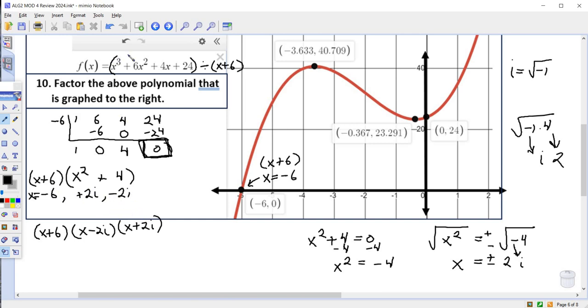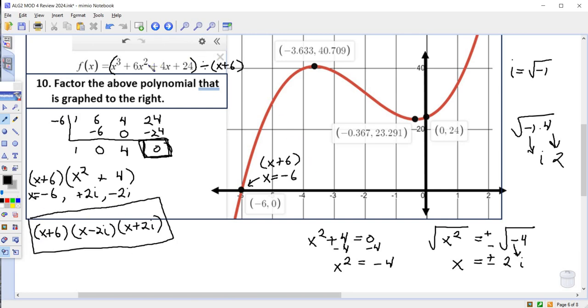Degree of 3, we know there has to be 3 roots. We also know there has to be 3 factors. If I multiply x plus 6 times x minus 2i times x plus 2i together, I would get this original function of x cubed plus 6x squared plus 4x plus 24. So I have factored this completely.